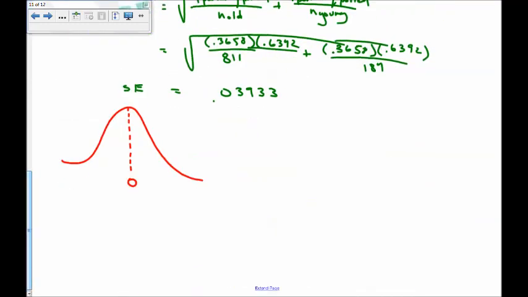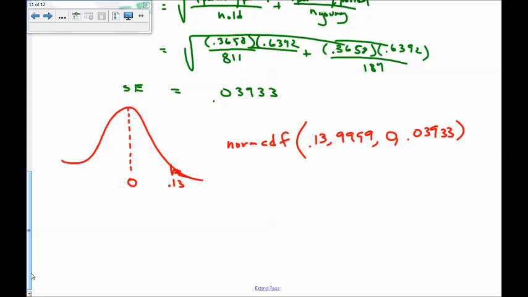Okay, so the difference is 13%. I'm going to do norm CDF, 0.13, comma, infinity. The hypothesized difference is 0, and the standard error is 0.03933.